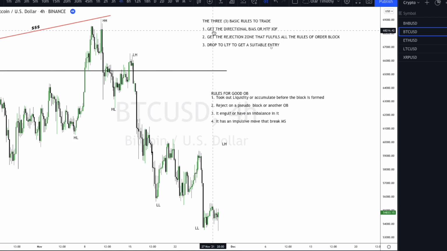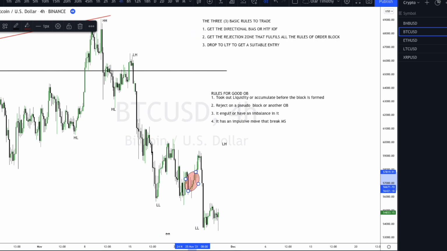Rule number 1 has been met, based on the 3 basic rules to trade. Rule number 2, I want to get a good OB. The first thing I'm going to spot is that I can see an accumulation here. This particular stuff is accumulating in here. Then this particular candle, I'm going to mark as my bias candle.